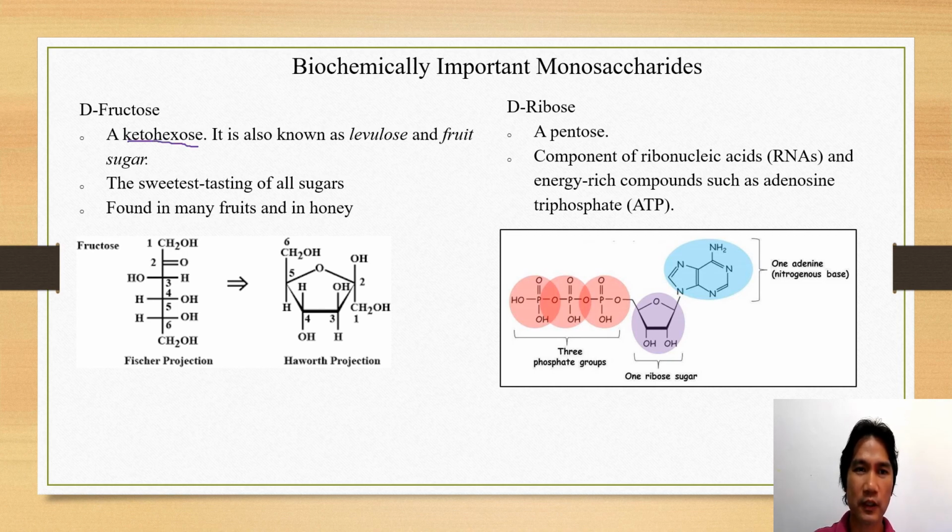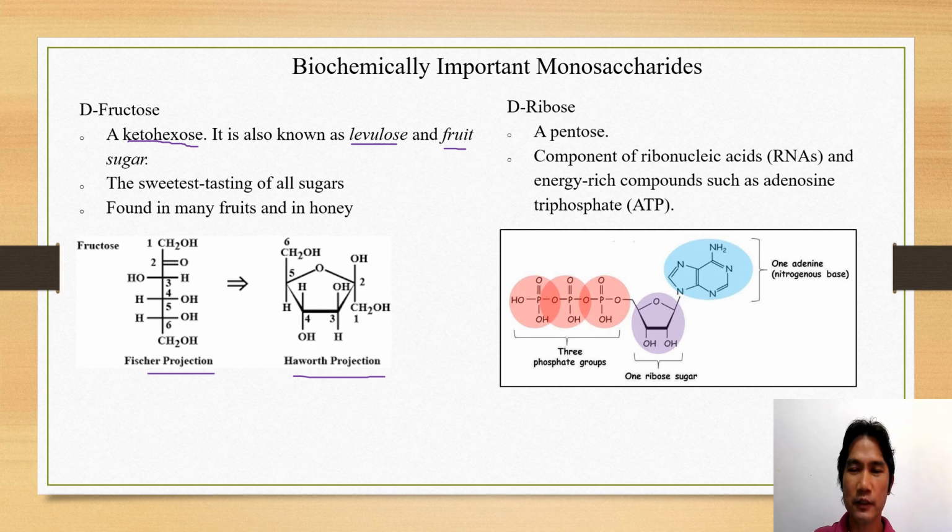We know what a ketose sugar is. It has 6 carbon atoms. It's also known as levulose or fruit sugar, and it's sweeter compared to glucose. This is the Fischer projection of fructose, and this is the Haworth projection, or the closed chain or ring system of fructose.